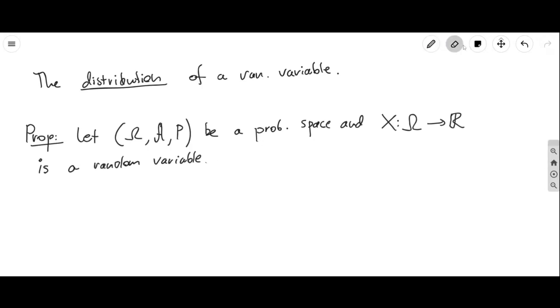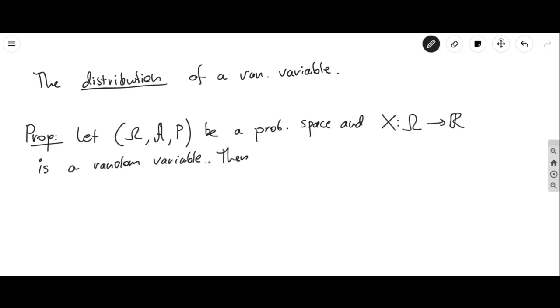So the idea is we're taking this abstract space, which can consist of anything, it's a set of really anything, and you're assigning to those sample points a real number. So you're assigning real quantities to all of the sample points. And so you're mapping your sample space to the real line, and then you're observing the random experiment being done on the real line. Okay, so we have a random variable.